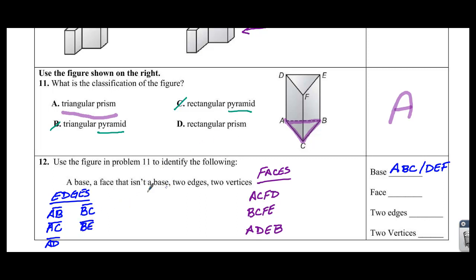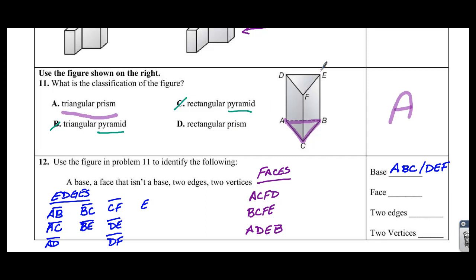You can see I'm trying to be strategic about this. C, now I already did CA, I already did CB, so we've got CF. Then D, we already did DA, so we have either DE or DF.